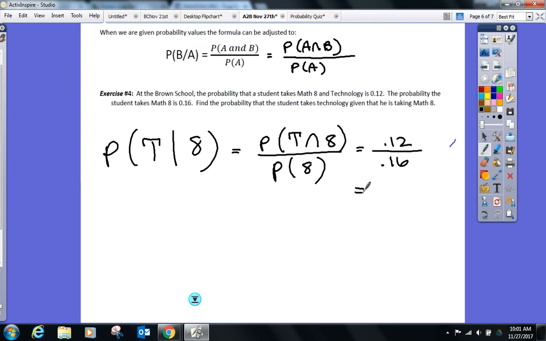So what about the probability they take Tech given they're already in Math 8? We're looking at about 3/4, right? 0.75. Again, the probability they take both on top, the probability of the given on the bottom.